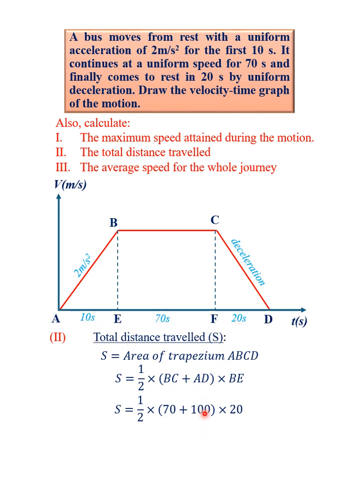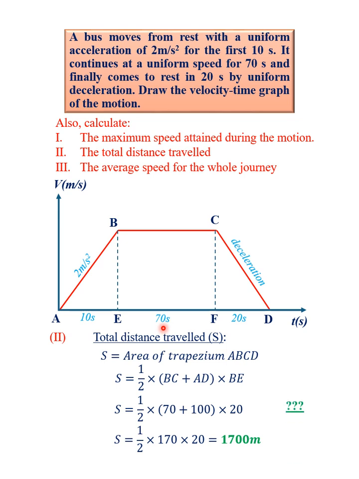So AD is 100, times BE, which is 20 from our previous calculation in number 1. So the distance is half times 70 plus 100, which is 170, times 20. That gives us a total distance of 1,700 meters. So this is the answer to question 2.